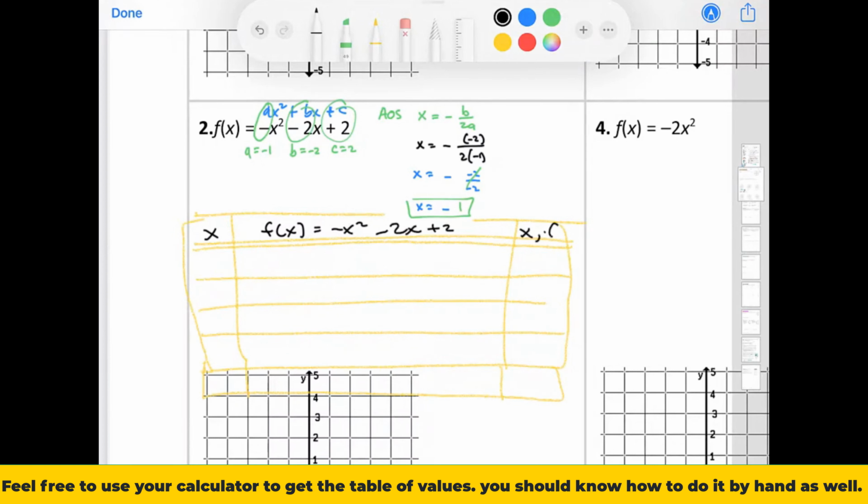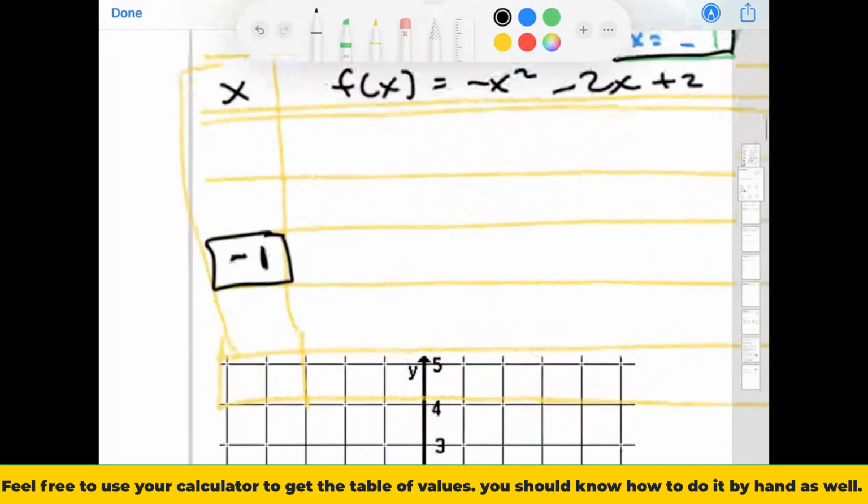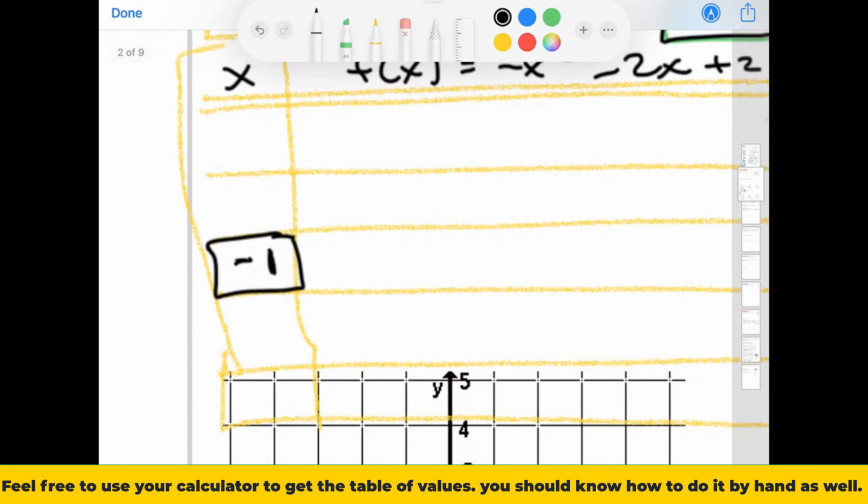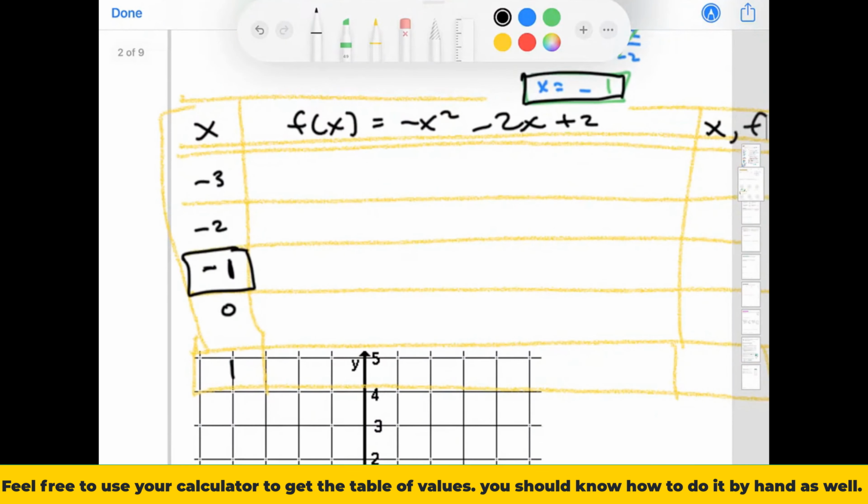And here's my ordered pair. What's most important is taking this value here, x equals negative 1, and putting it into this box. Notice how it's in the middle. There's 2 boxes above and below, and then you just fill that in. So what goes above negative 1: negative 2, negative 3, or you can choose 0 and 1. You just go in this direction, so it doesn't matter.